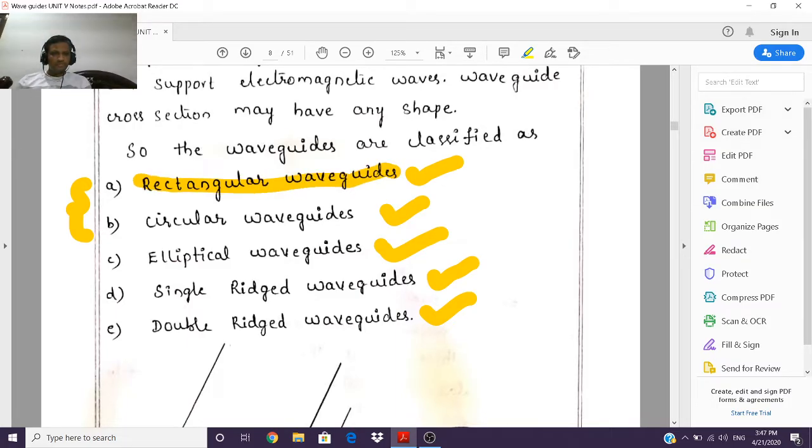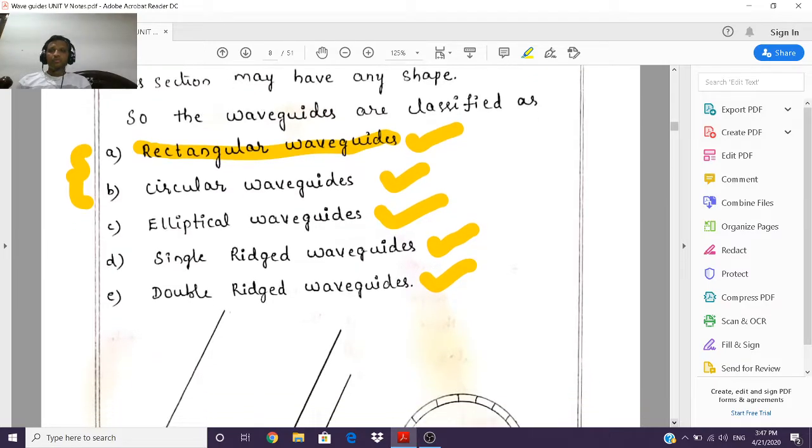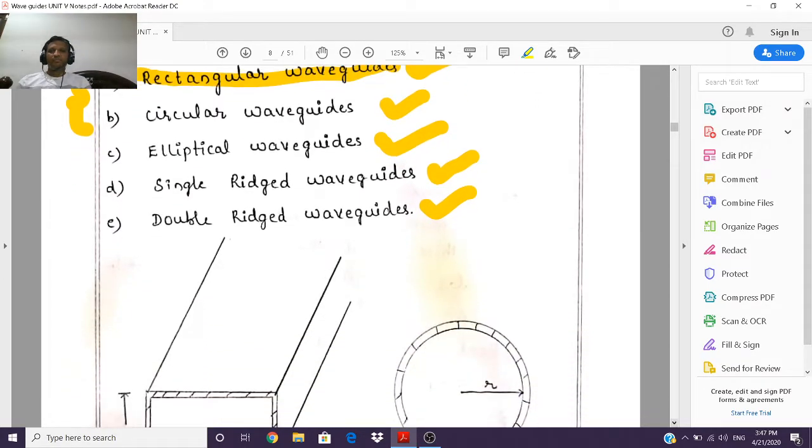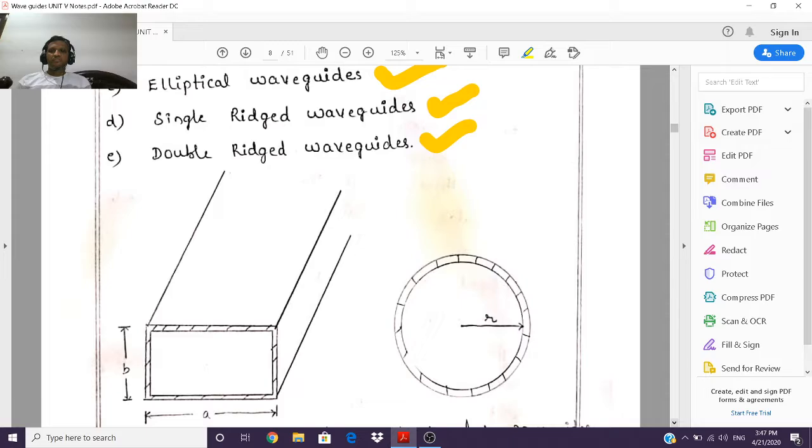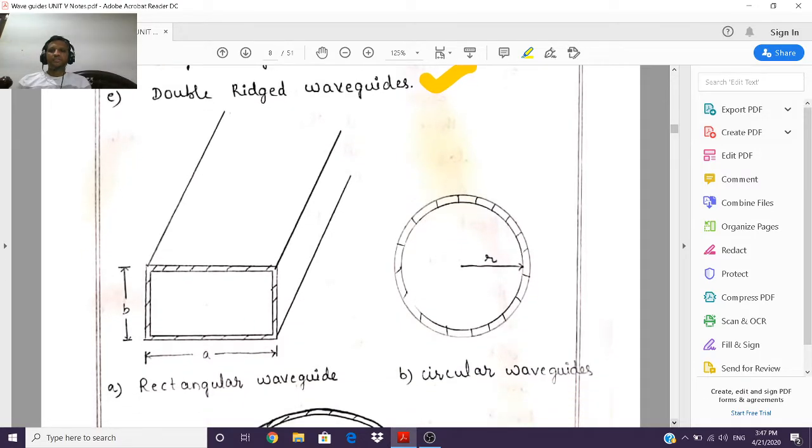Okay, so here we'll try to see the shapes of these waveguides. The first waveguide is a rectangular waveguide. As I said earlier, the shape of this is like a rectangle. You can observe this. Okay, and this is the length A, which we call the width of the waveguide, which will be generally expressed in centimeters.